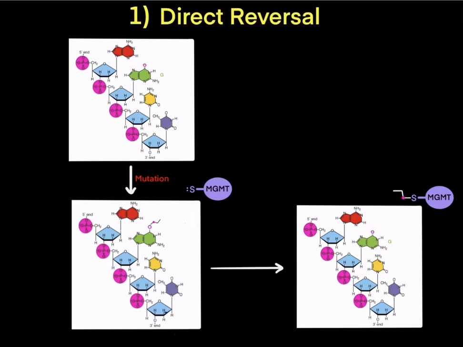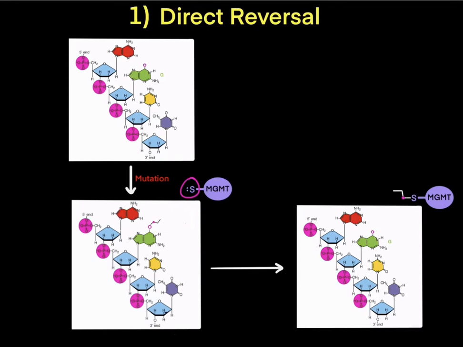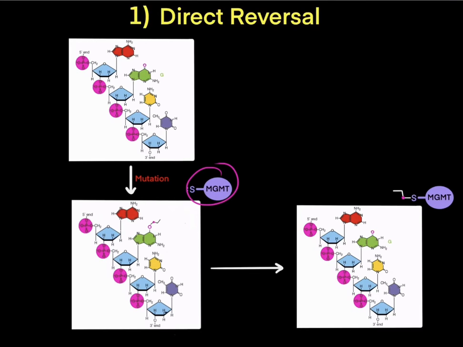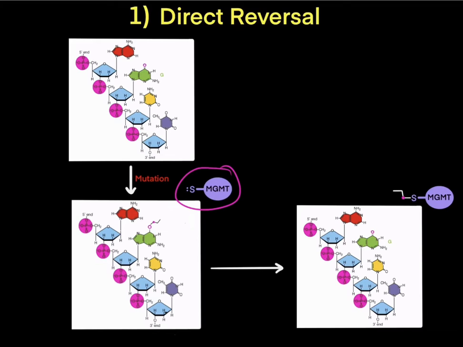However, fortunately, we have this MGMT enzyme. And this MGMT enzyme has a very nucleophilic sulfur. So this sulfur can nucleophilically attack this carbon, leading to this bond breaking and these electrons falling on this oxygen. And the mechanism's not really important. The point is this MGMT enzyme can snatch and take away this alkyl group. So in the process, this MGMT enzyme gets alkylated.